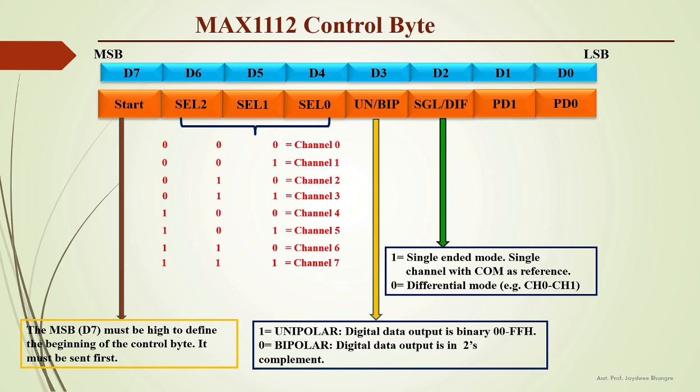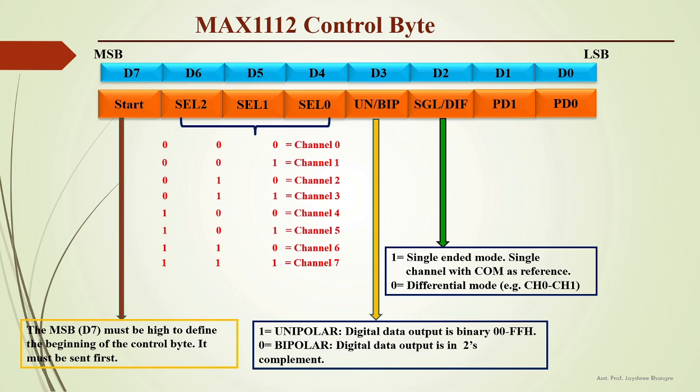Next is the D2 bit, that is the single-ended or differential-ended mode selection. If we want to choose a single channel, then we have to make this bit equal to 1. After making this bit equal to 1, single-ended mode is selected, and in this mode we can select any one channel out of 8 channels, with a common reference given.